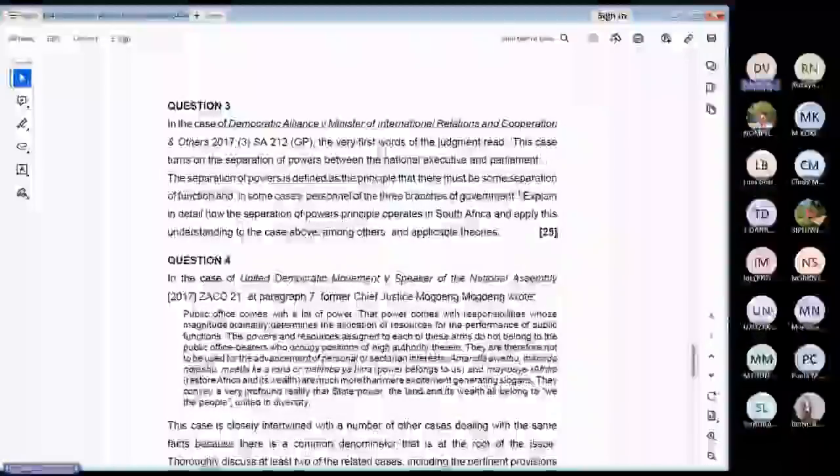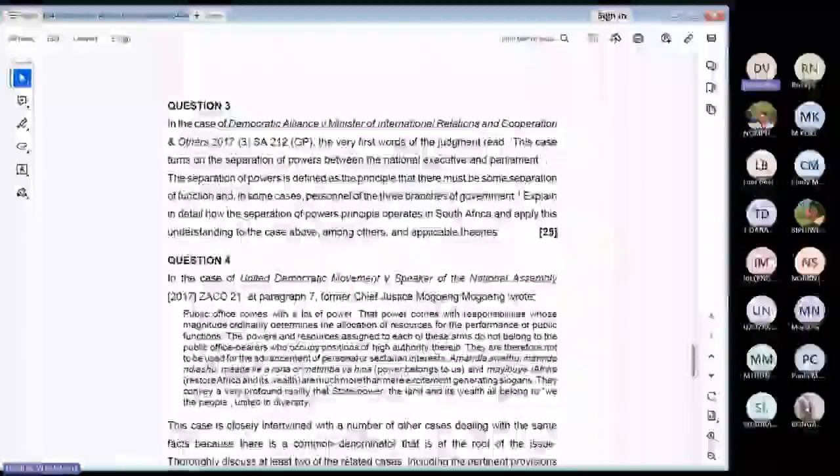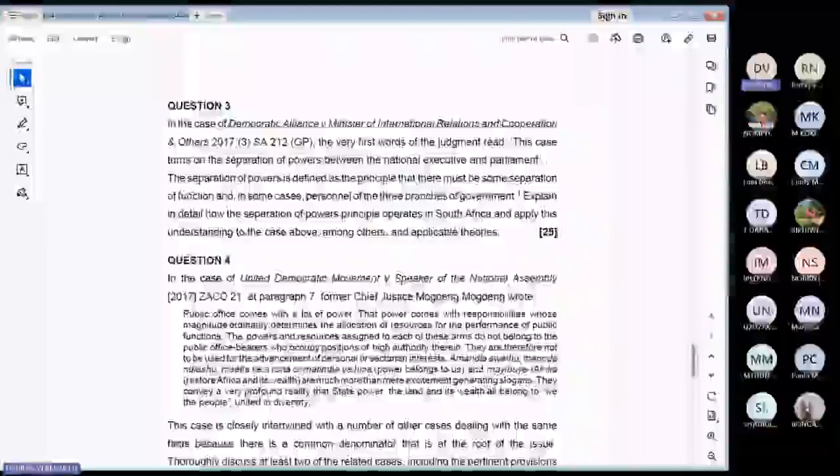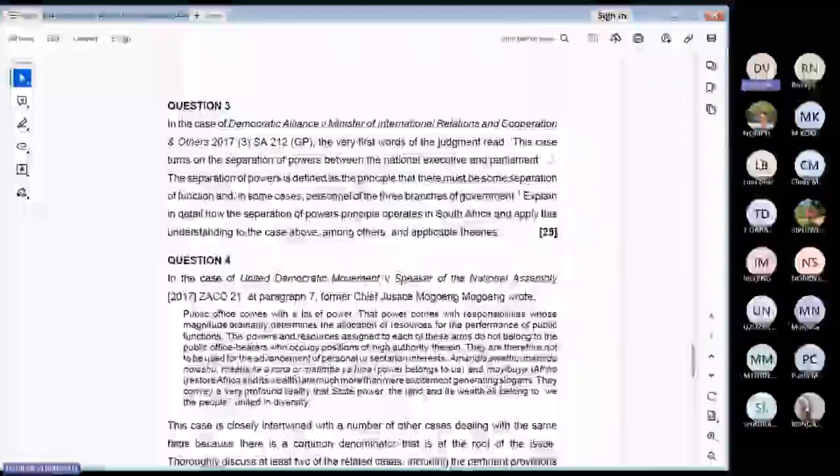Then part of this question is asking, how does this apply to the case? So this particular case is talking about the president unilaterally withdrawing South Africa from the Rome Statute, which was the International Criminal Court. It had to do with Zuma and what was that president who came through? He was supposed to have him arrested and he didn't arrest him, and there was this big hoo-ha over the whole thing.